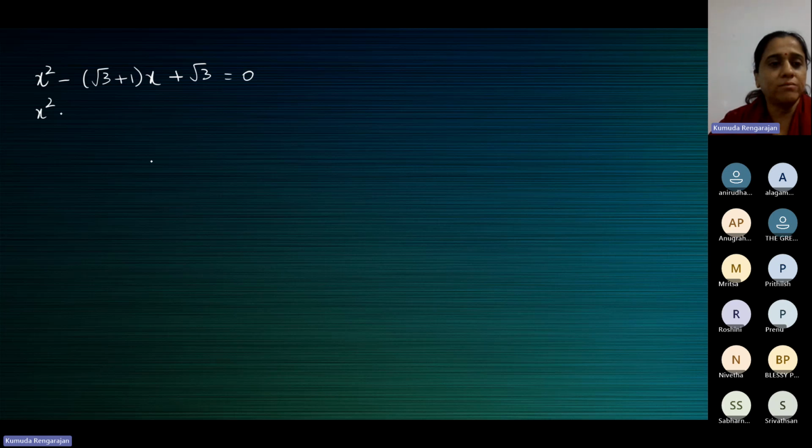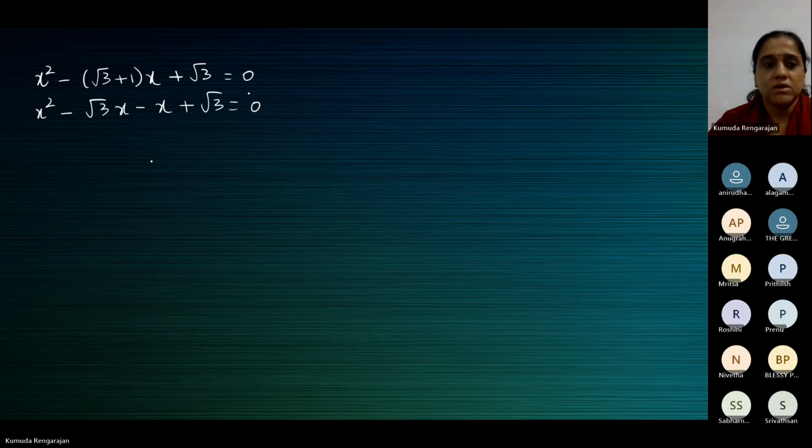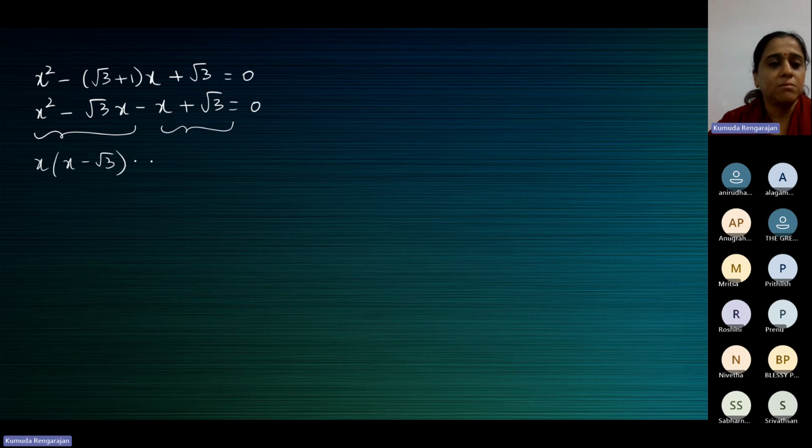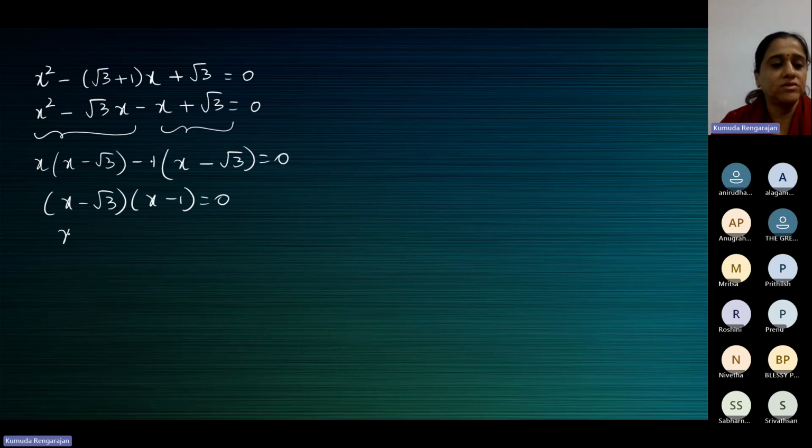So x squared minus root 3x minus x plus root 3 is equal to 0. Group the first two terms and the last two terms: x common, and minus 1 common. So x minus root 3 into x minus 1 is equal to 0. So x is equal to root 3 or x is equal to 1. Simple.